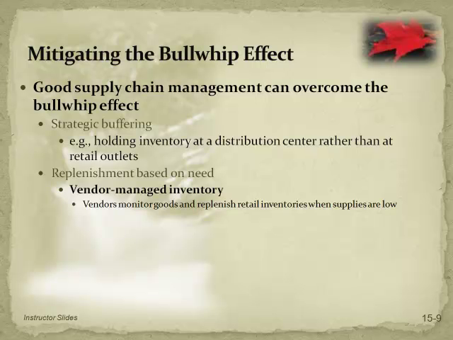But vendor-managed inventory is a trend in supply chain management that has been going on for some time and will continue to go on, in which the responsibility for managing your inventories is passed along to your vendor or your supplier. So we say to our supplier, look, we not only want to buy these materials from you, but we are going to outsource to you the responsibility of managing our inventories.